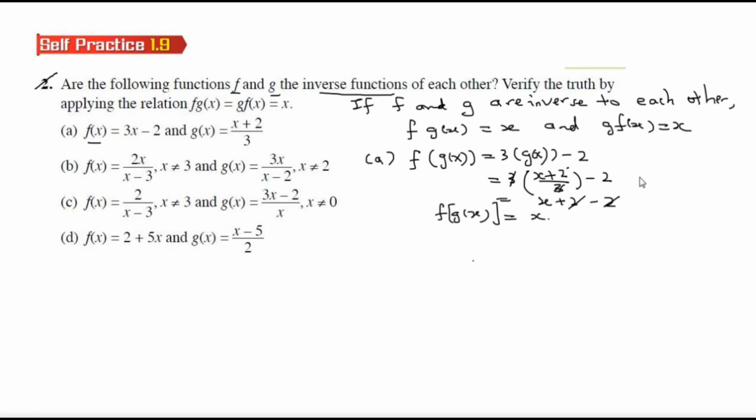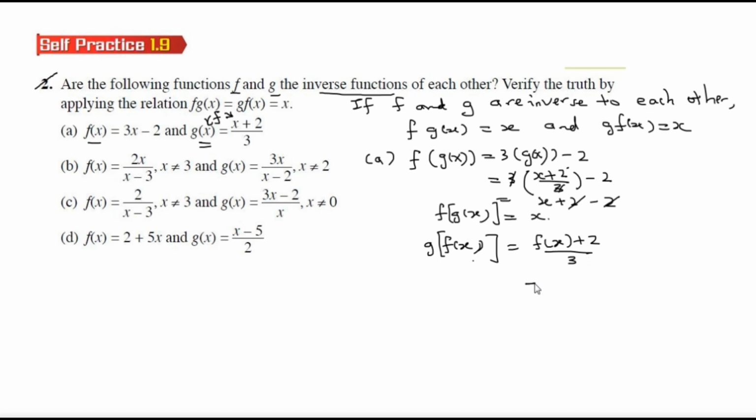Then how about g(f(x))? So look at the function g. To find g(f(x)), we substitute x as f(x) for both left hand side and right hand side. So this is equal to (f(x) plus 2) over 3.